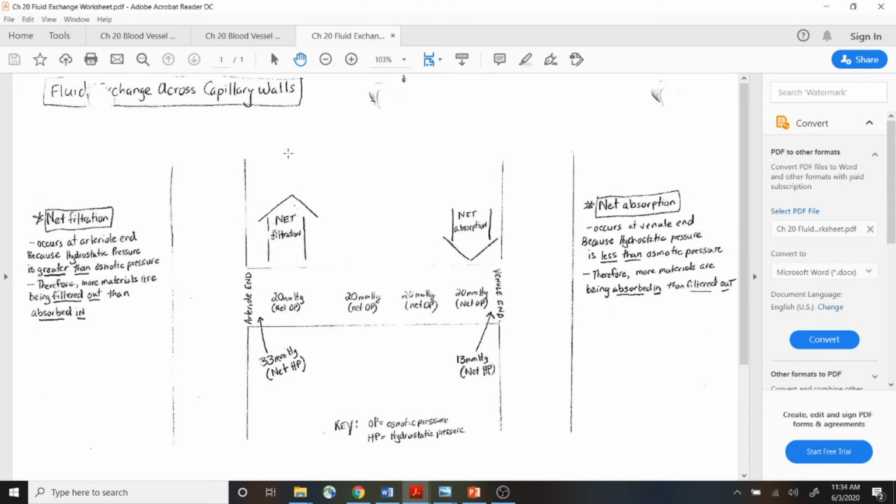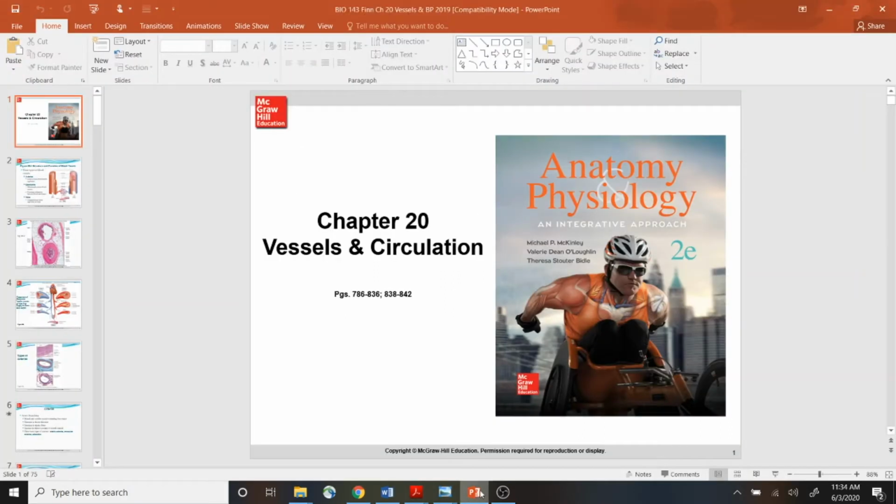Now this chapter is quite a larger chapter. It once again will have anatomy associated with it in terms of the blood vessels themselves, identifying them. I will probably be making a separate blood vessel video for lab in terms of the identification of them using models.